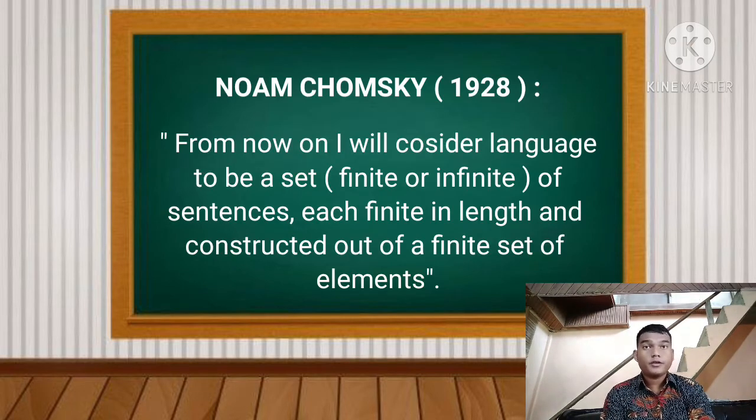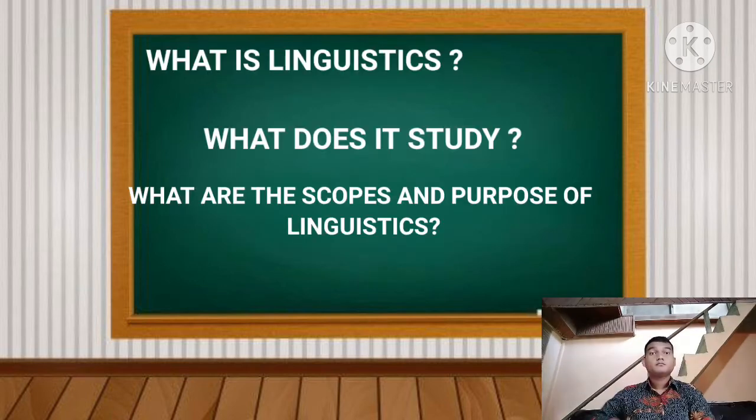Next, according to Noam Chomsky, from now on I will consider language to be a set, finite or infinite, of sentences, each finite in length and constructed out of a finite set of elements. Next, what is linguistics? What does it study?